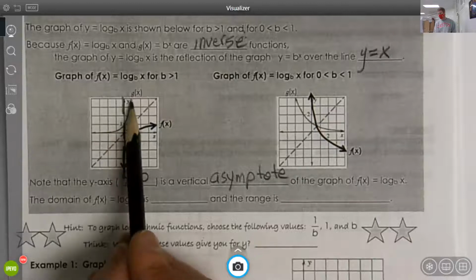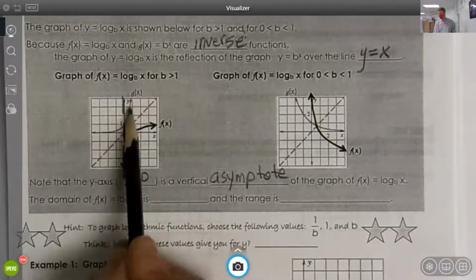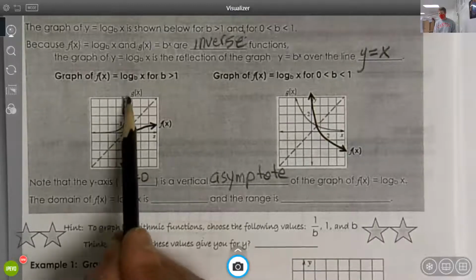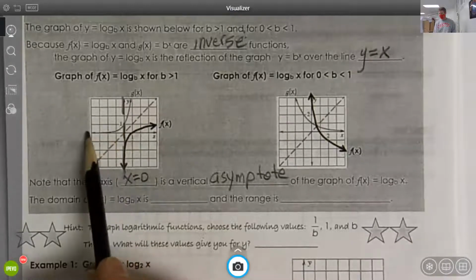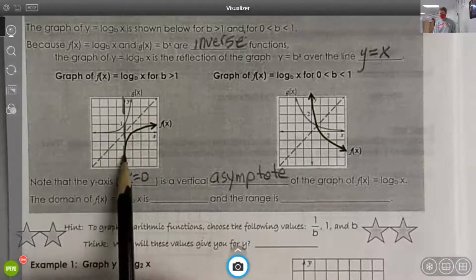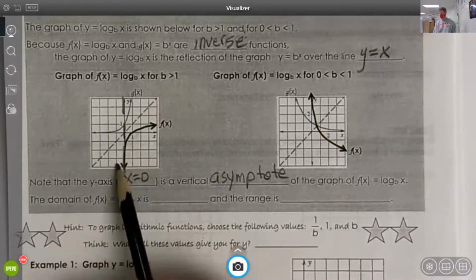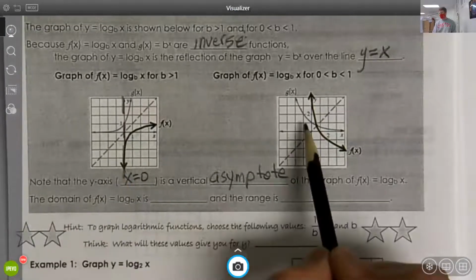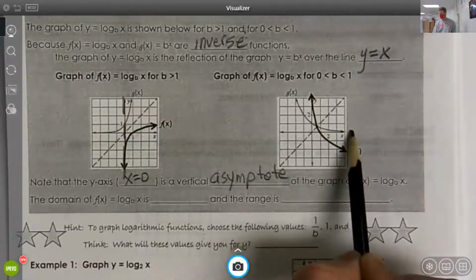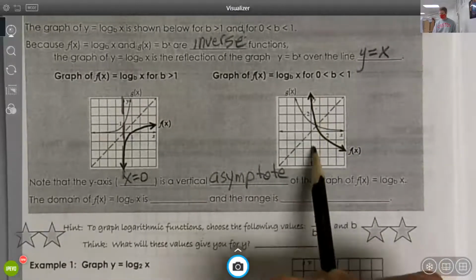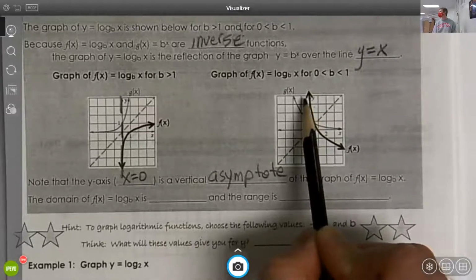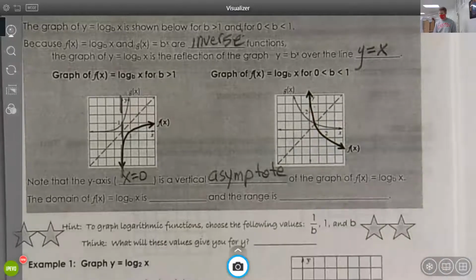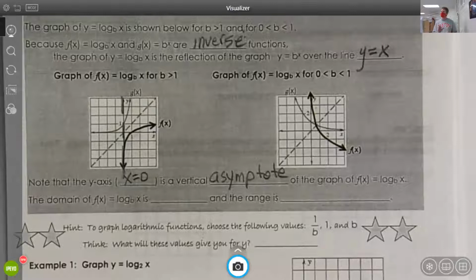What used to be the x-axis as the asymptote, the exponential approached the x-axis. When we reflect it, we now approach the y-axis. So if you ever wonder what's happening, you can look back at the exponential and see whereabouts it's heading to.